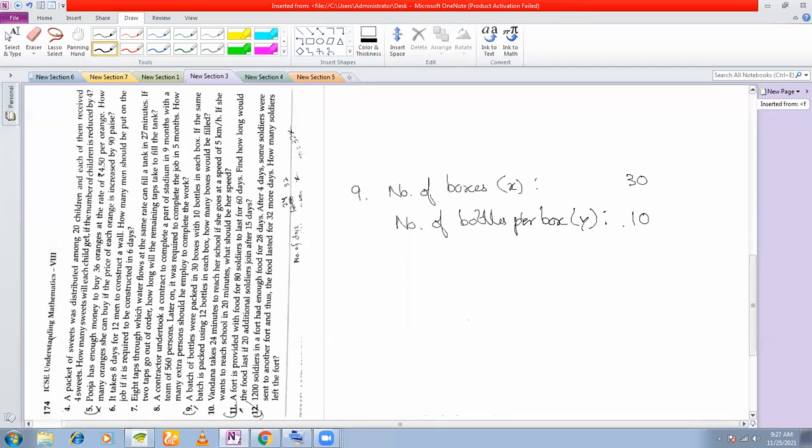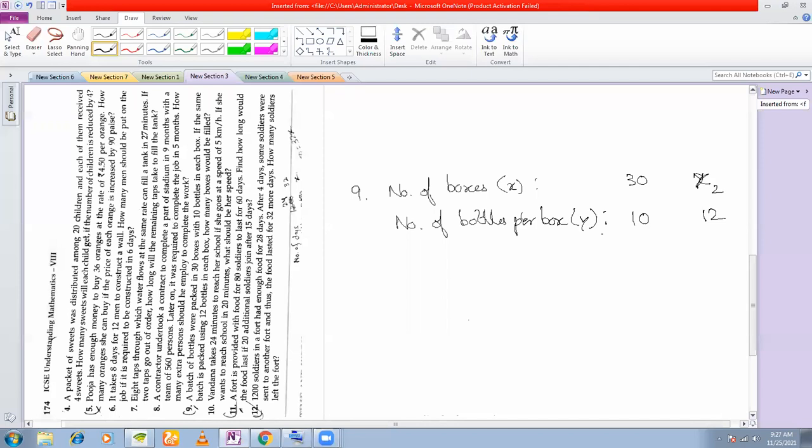If the same batch is packed using 12 bottles in each box, let us call this X2. How many boxes would be filled? Now you have to find X2 here.